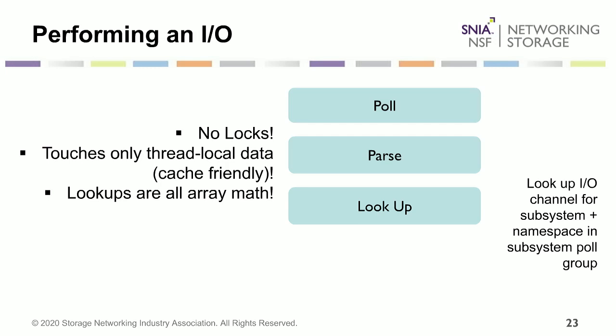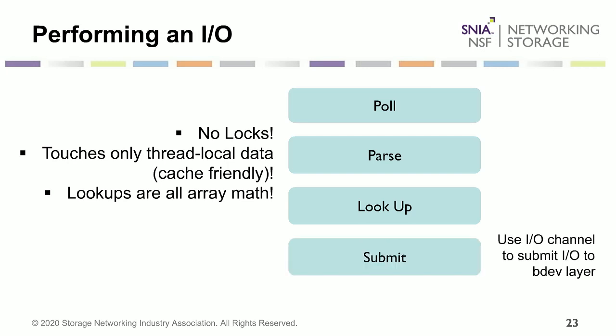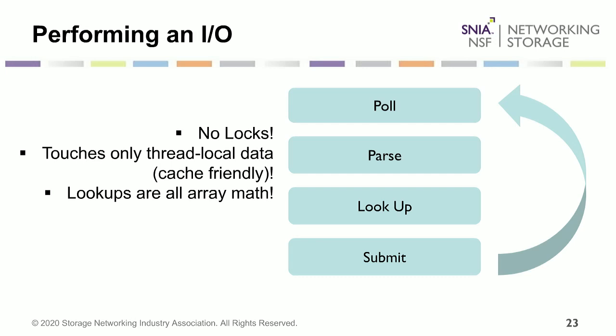Just as a concrete example. So now we know what device it is, and we have our I/O channel for our thread, and so we submit it. We build an NVMe command, we stick it in the submission queue, and we ring the doorbell. And then we repeat. And that's it.